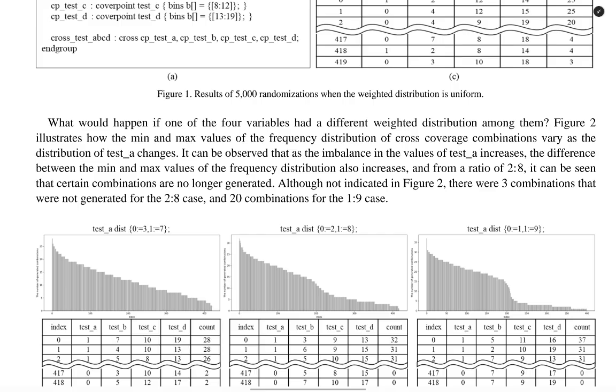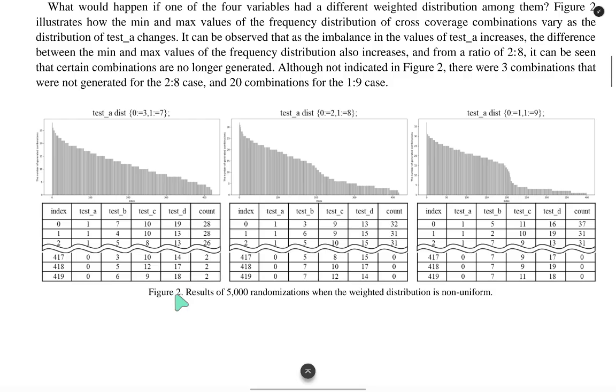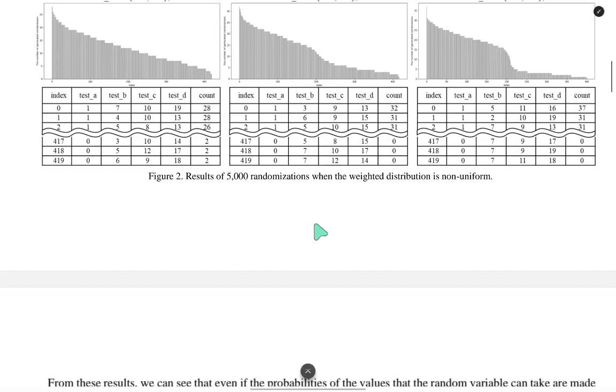Although not indicated in Figure 2, there were 3 combinations that were not generated for the 2 versus 8 case, 2 to 8 cases, and a 20 combination for the 1 to 9 case. Figure 2. Result of 5,000 randomizations where the weighted distribution is non-uniform.